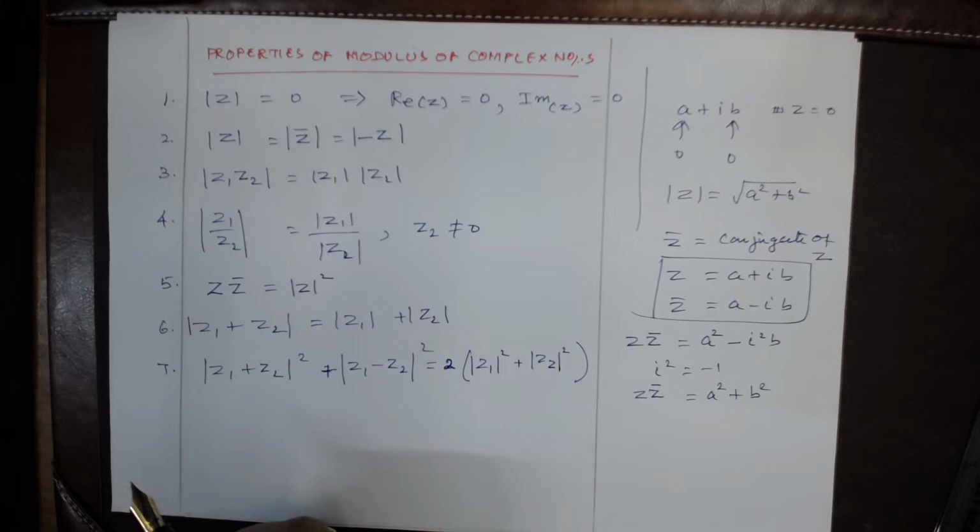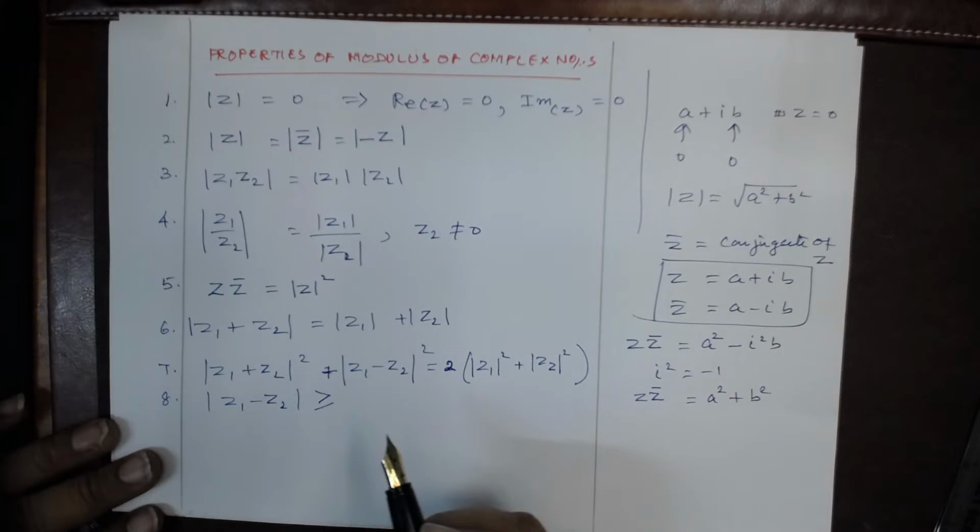Eighth one, z1 minus z2 modulus is greater than or equal to z1 modulus minus z2 modulus.